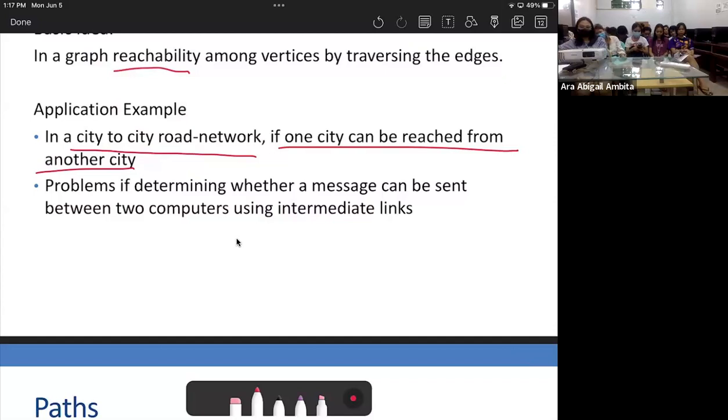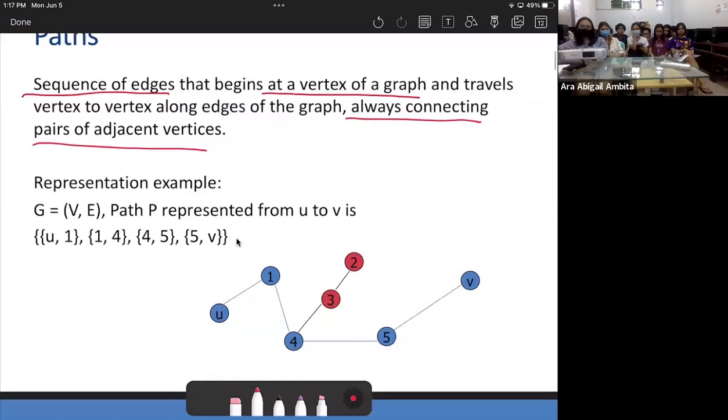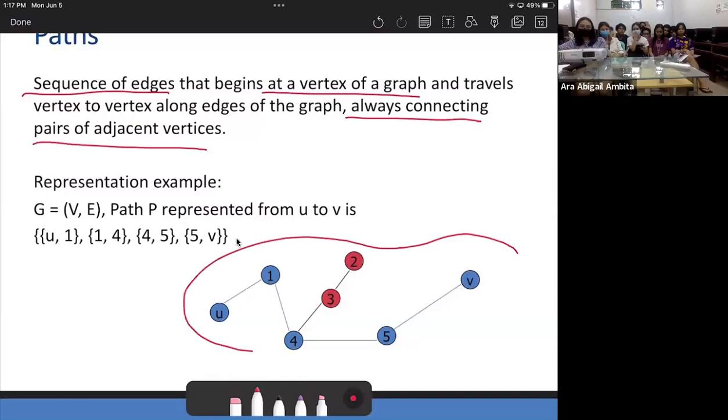Okay? And the sequence of edges. So we have the concept of path, wherein it is a sequence of edges that begins at a vertex of a graph and travels vertex to vertex along edges of a graph, always connecting pairs of adjacent vertices. So sequence of edges siya. For example, sa graph na to, we can see here a path from U, starting here, up to here.